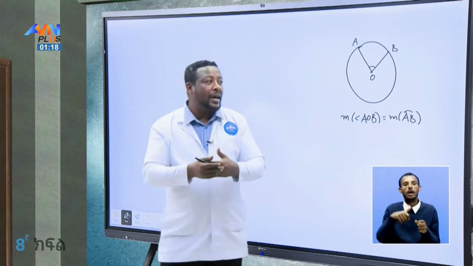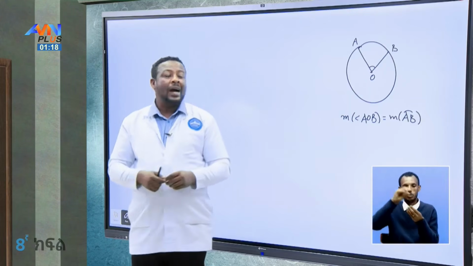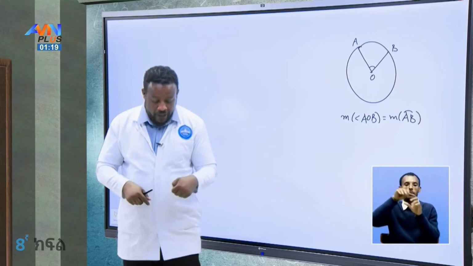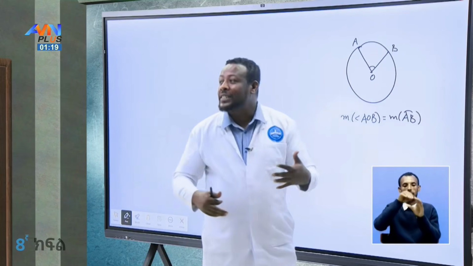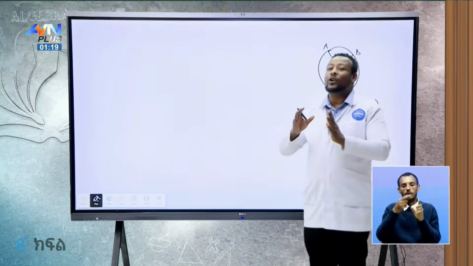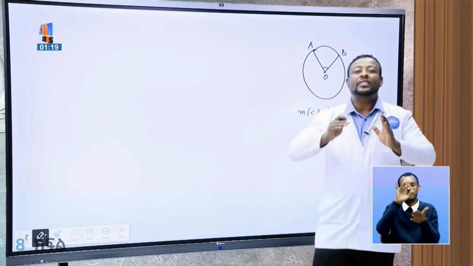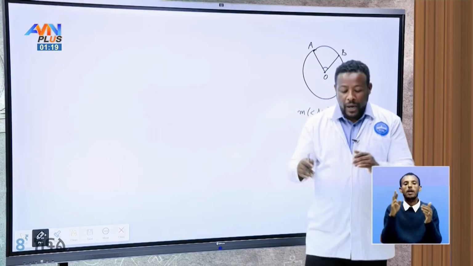The other thing is we have also seen the inscribed angle, okay? An inscribed angle is an angle whose vertex is on the circle and the sides are chords, okay?